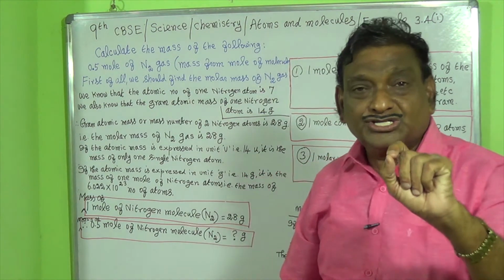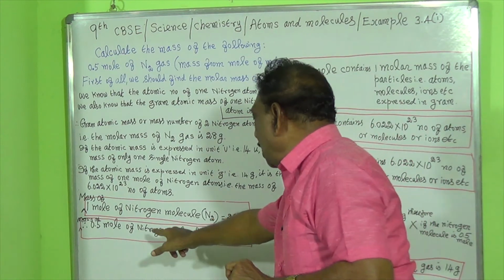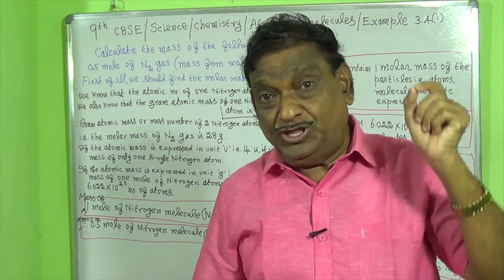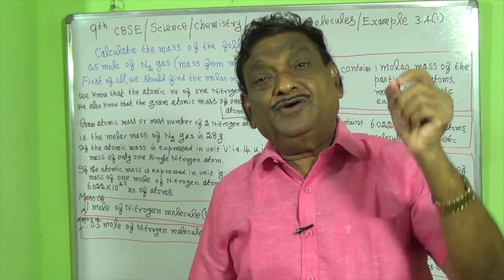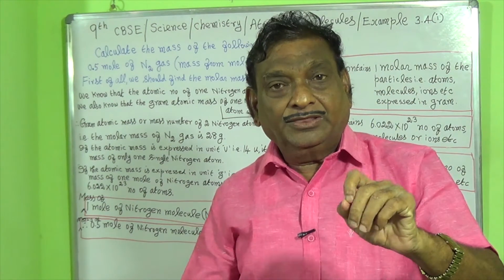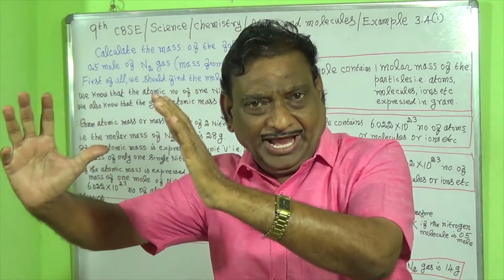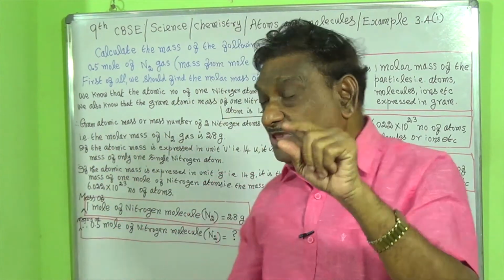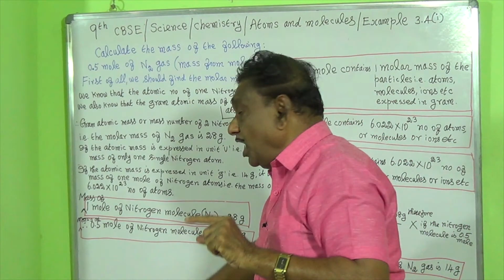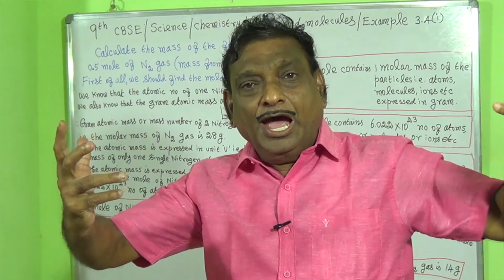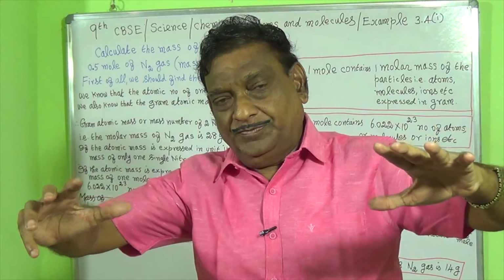Therefore, the mass of 0.5 mole of nitrogen molecule is equal to question mark. Of these 2 equations, in the first equation, the mole and the mass have been provided. But in the case of the second equation, we know only the mole. We do not know the mass of that mole.